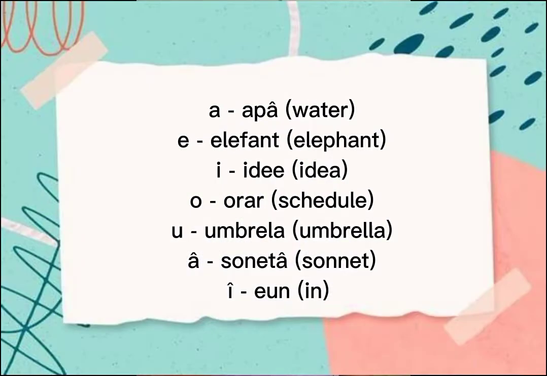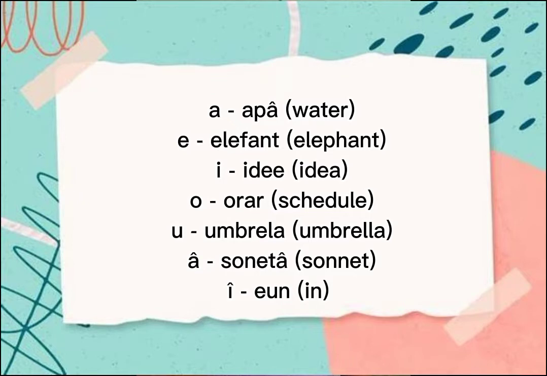And next, we're going to tackle the vowel alphabets' pronunciation and transcription in the Romanian language. The letter A, transcribed in Romanian as apa, which means water. The letter E, transcribed in Romanian as elefant, which means elephant.